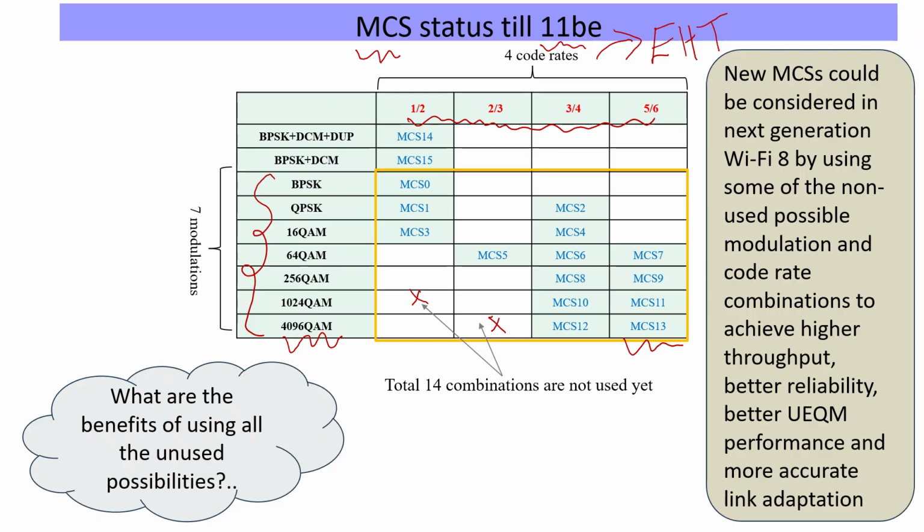But since we are not focusing on that objective in EHT, we are now looking at some other things which could bring advantage, not necessarily in the peak case, but in more realistic usage scenarios. So we are going to examine which entries in these tables have not yet been used, which of them might be useful and why would it be useful?